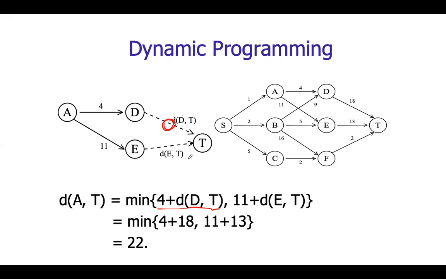There is a direct path, so you can write down this distance directly. From A to E, E to T. Okay, so 11 plus distance of E to T.